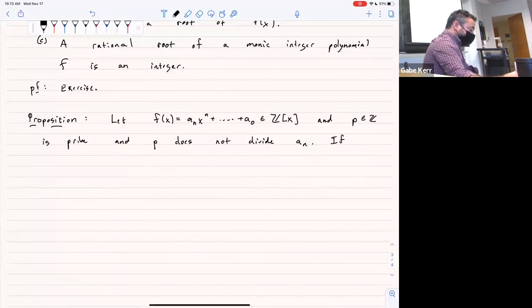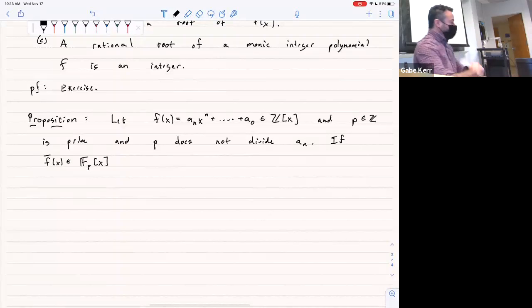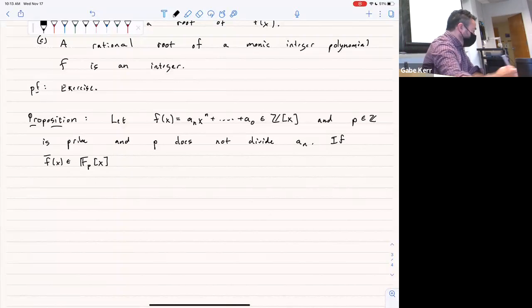So if f bar of x, which is now a polynomial with coefficients in the field with p elements, is irreducible, then so is f.